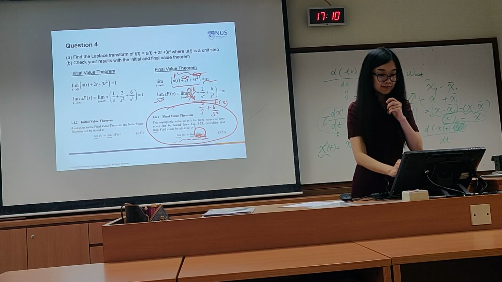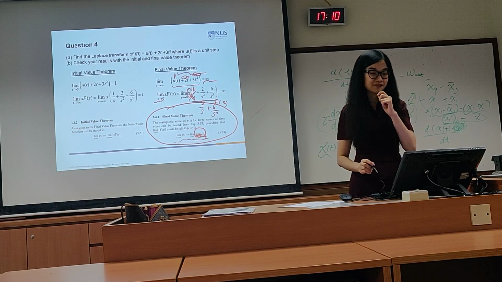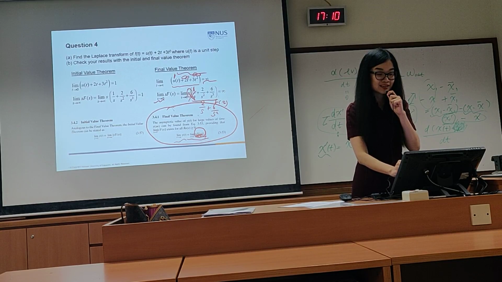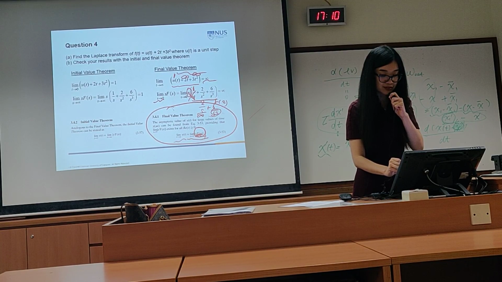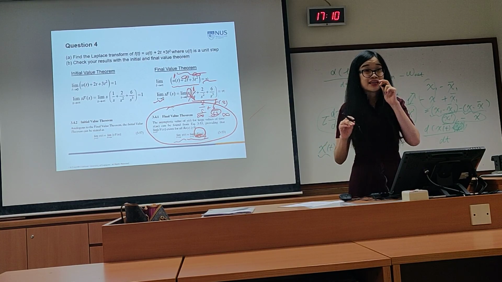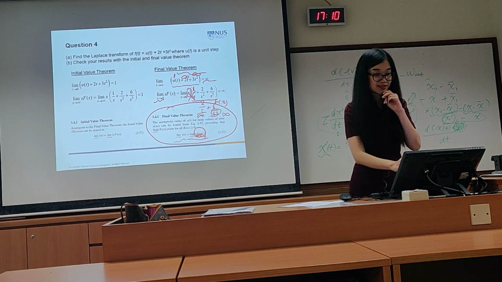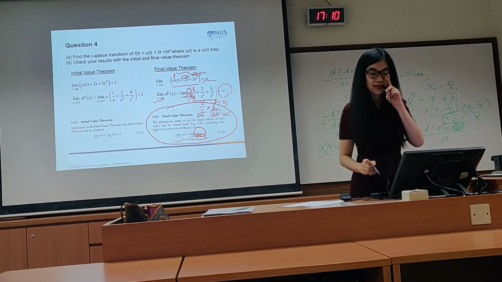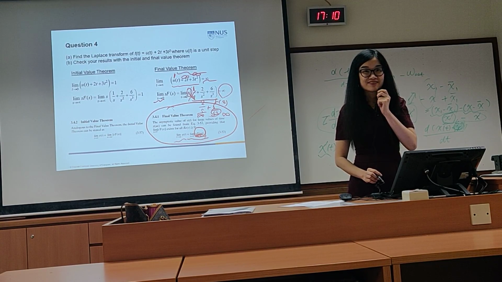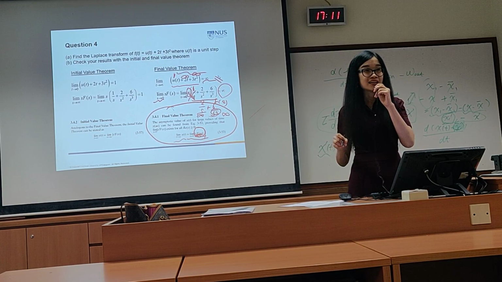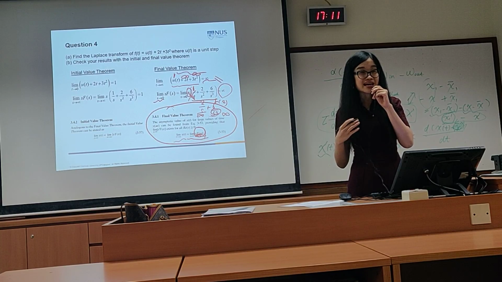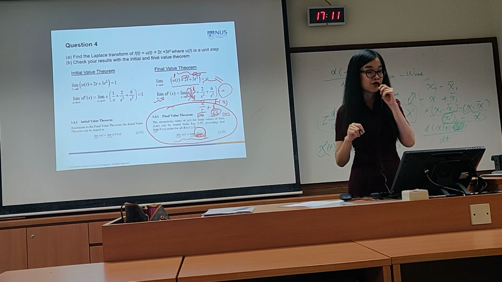The 1 is constant, because when your denominator goes to 0, this term actually goes to positive infinity. And the same here, the denominator goes to 0, the third term goes to infinity. So if we sum these infinity terms together plus the constant, the whole value is also positive infinity. Therefore, we can say these two items on both sides are equal to each other. So that's how we check our results. The final value theorem holds for the results.